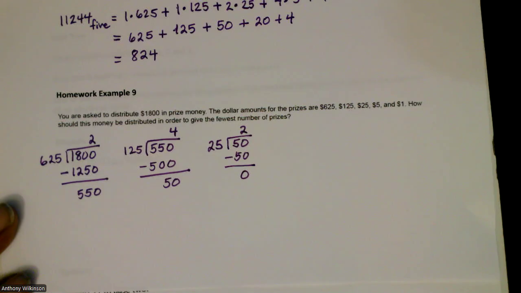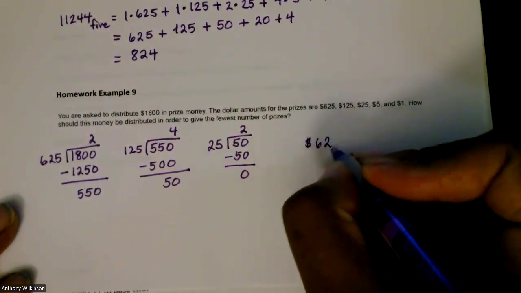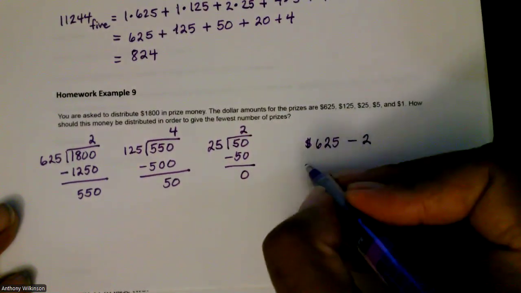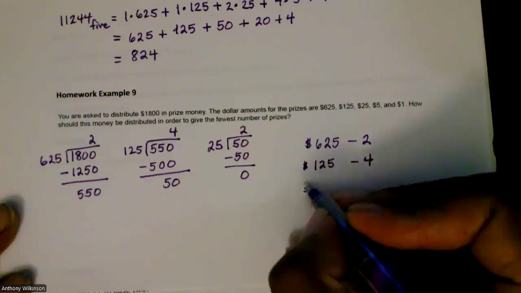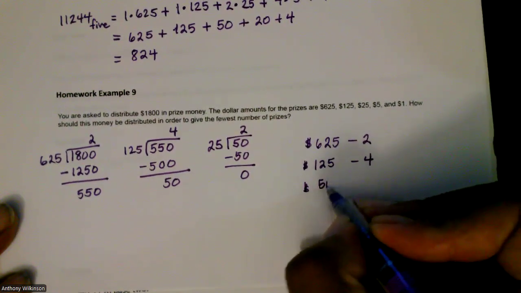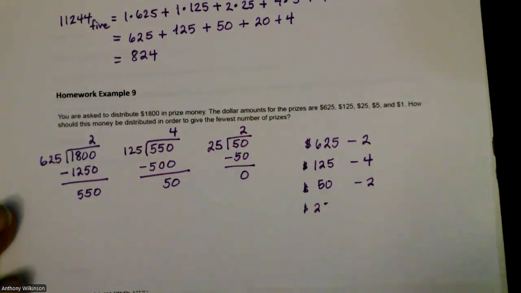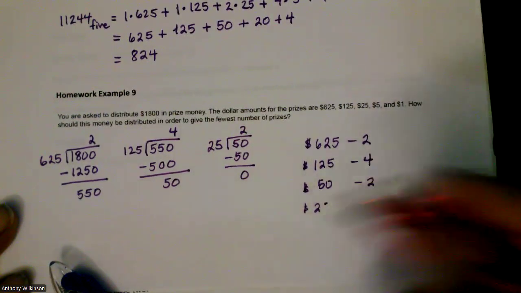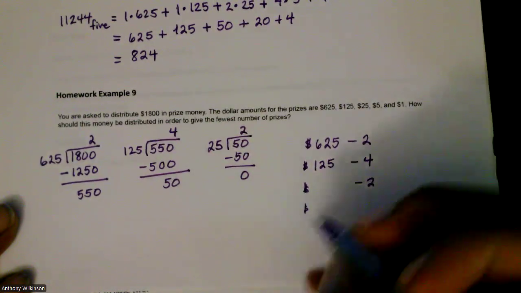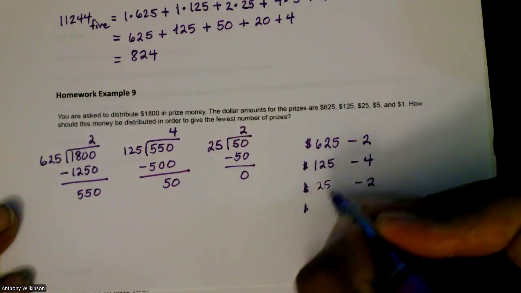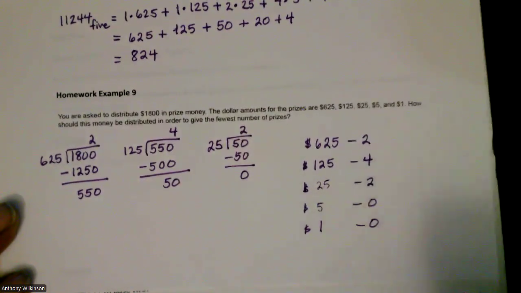So here's the distribution of prizes. That means I can give only 2 $625 prizes, 4 $125 prizes, 2 $25 prizes, but no $5 prizes, and no $1 prizes.